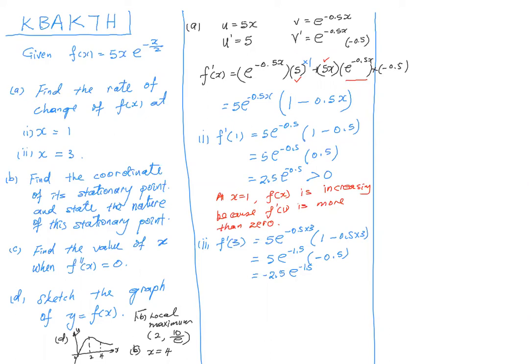Less than 0, because e to the power of negative 1.5 is always more than 0. Positive times negative, you got negative. So this is less than 0. So Nicholas, can you interpret for me? At x equals 3, f(x) is decreasing because f prime 3 is less than 0.